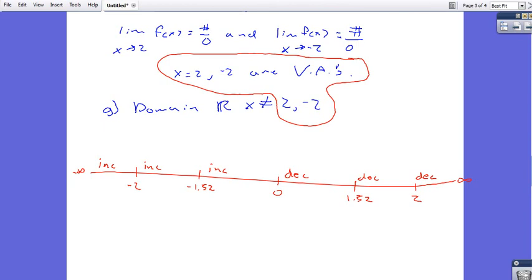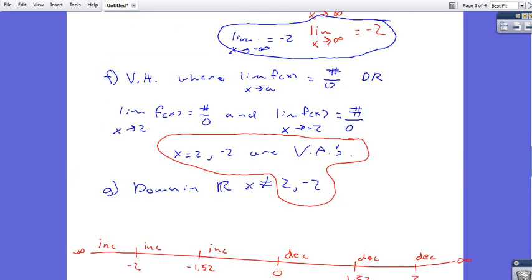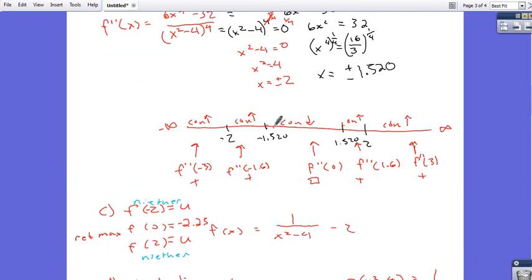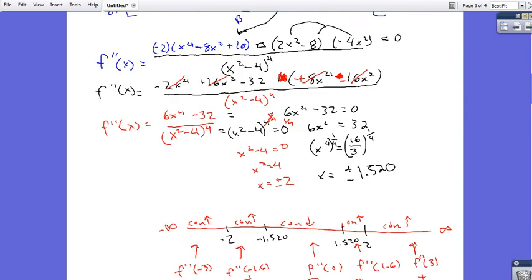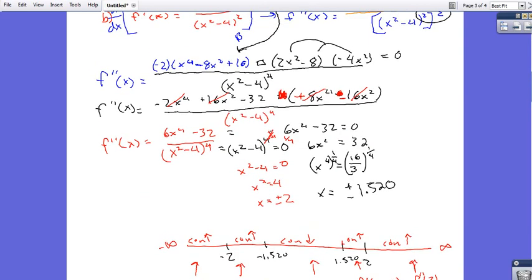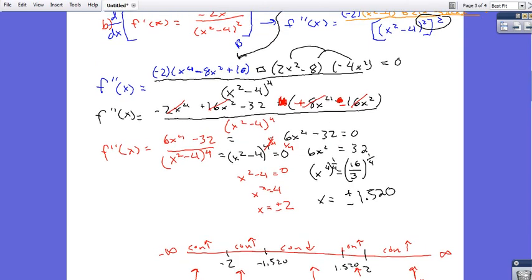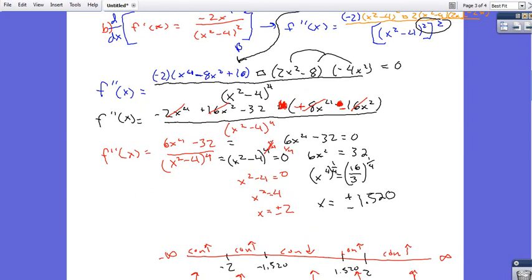Alright, let's look at the concavity. Essentially, between these two, it was concave down. Okay, concave down. And then it was concave up right here and here. Just double checking something.